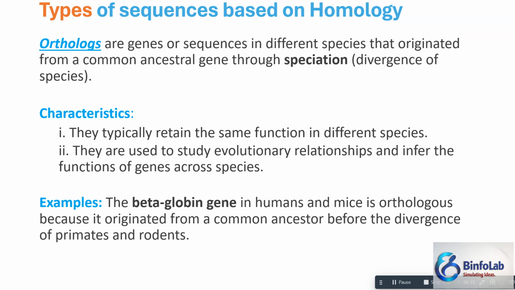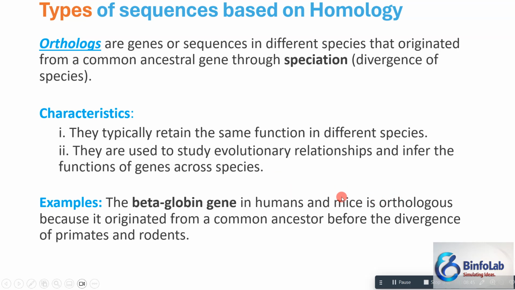That's why both these genes are speciated, they are diverged from a single gene, and now they are in different species and they are homologs. Such kinds of genes we call orthologs.